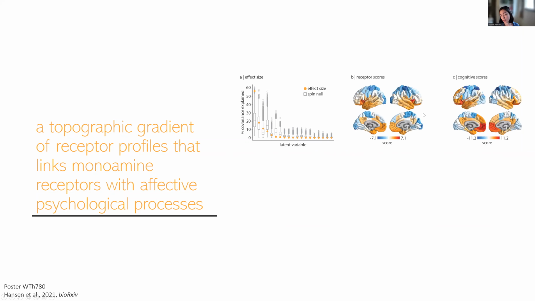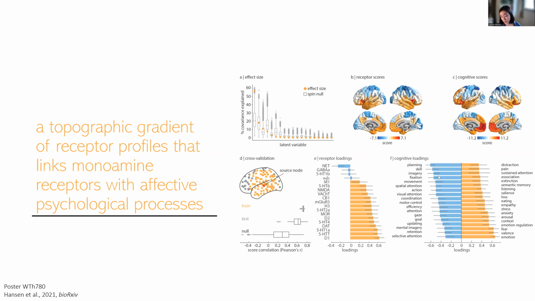And this extracts a topographic pattern of receptor densities and also cognitive activation patterns that's really linking these receptors with different cognitive processes. And we cross-validate this model and specifically find that the receptors that contribute a lot to this relationship tend to be monoamine metabotropic receptors. So these are especially serotonergic and dopaminergic receptors and transporters.